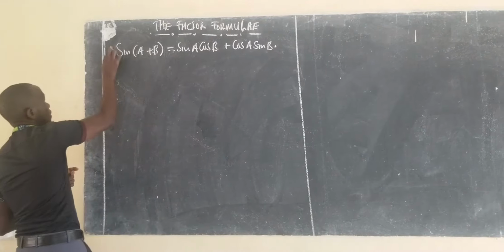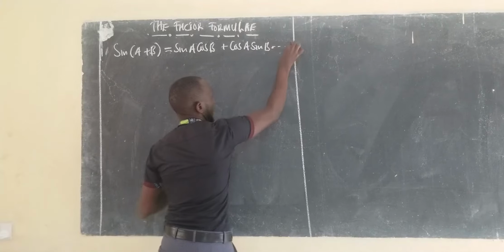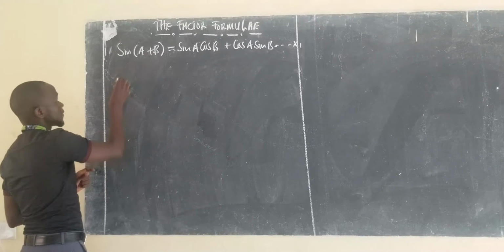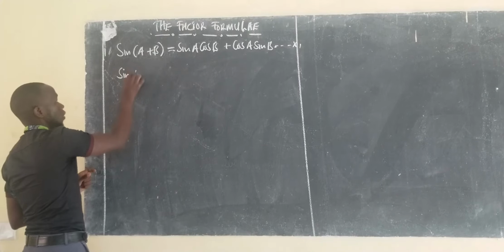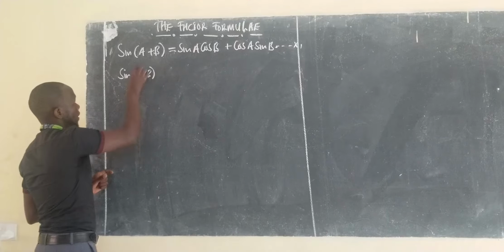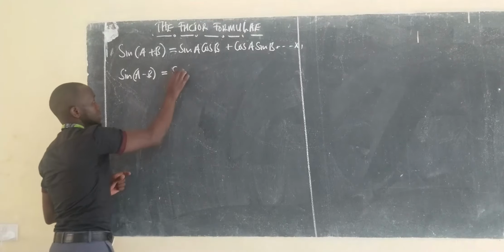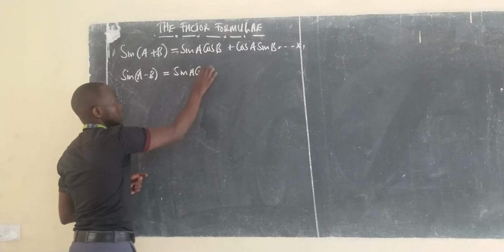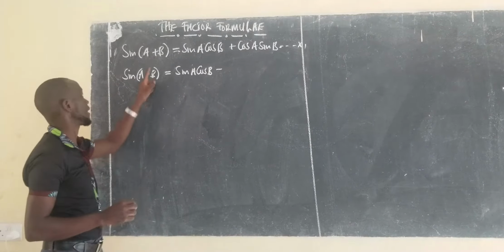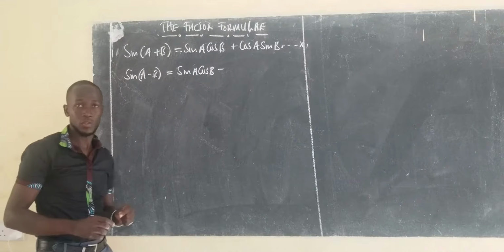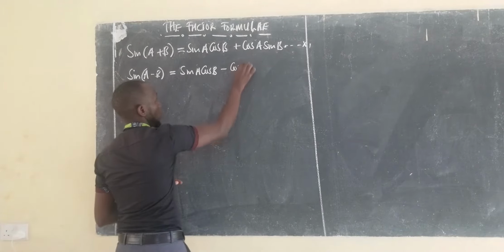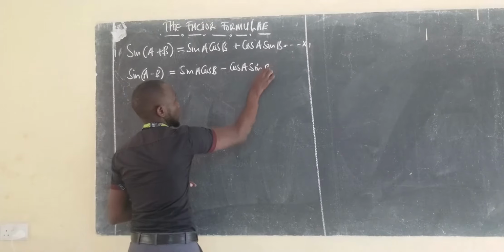If I call this equation 1, you also say the difference: sine of A minus B is sine A cos B minus cos A sine B. For the sine ratio, we normally maintain the sign between the two different angles given.